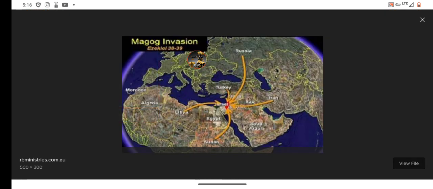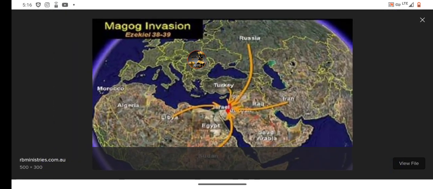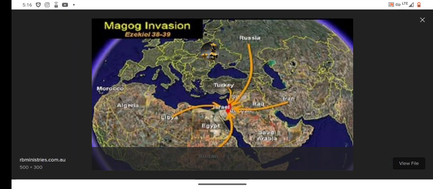But we want to focus on the position of where Gog and Magog is, right? So pretty much they want to say that this is Gog and Magog right here, right? But we're gonna just say the land of Japheth or Chem or Ham.